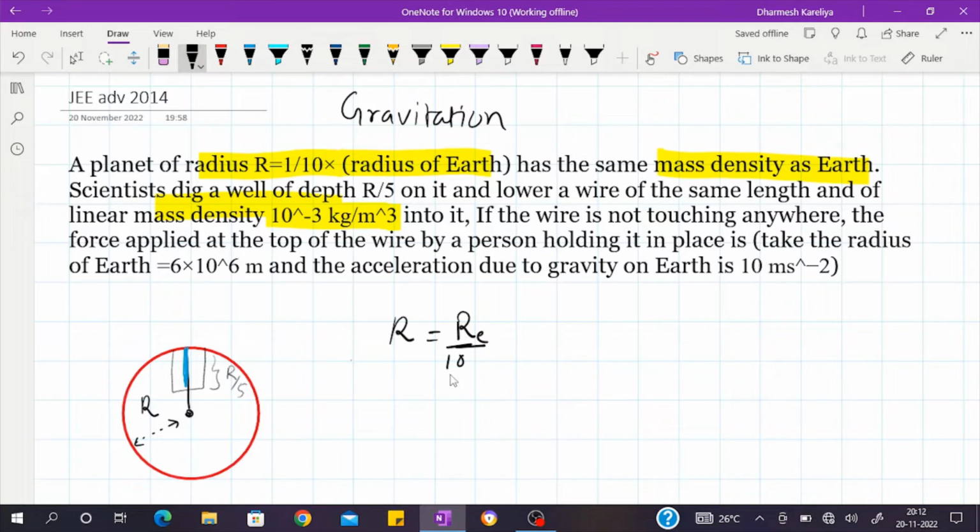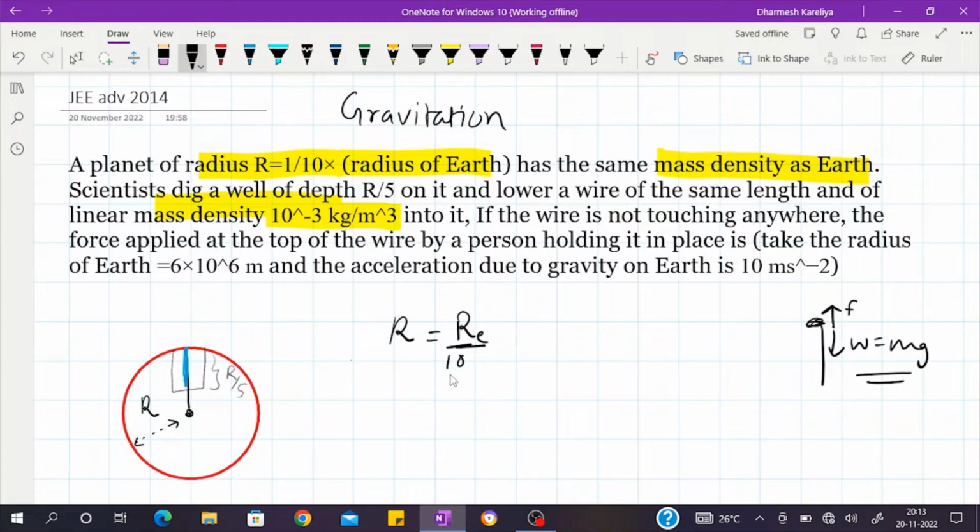Obviously, if you have a vertical wire and you are holding that wire from this point, you are applying force F, and that force will be equal to the weight of the wire, which is mg. So what we have to find is this weight of the wire.